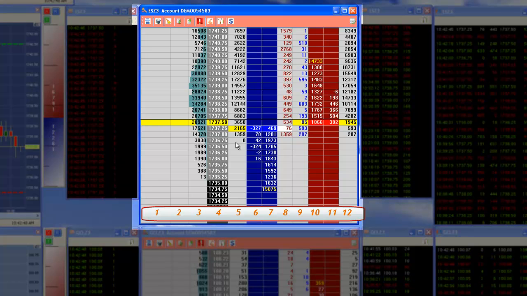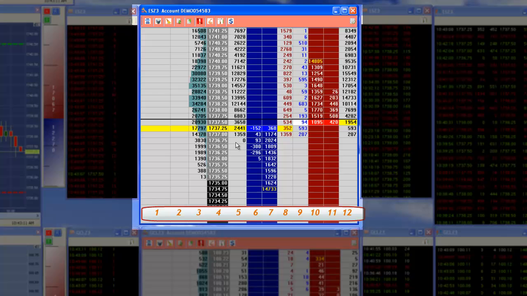What that's showing me is all of the resting orders, bids and offers, at the various price levels, which is good. You can get that out of most any DOM. And you can see an aggregate number.